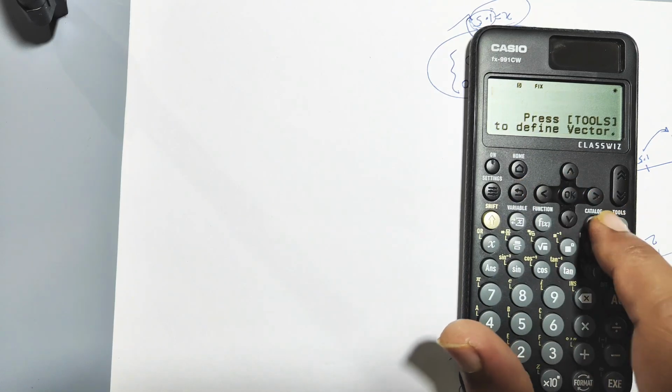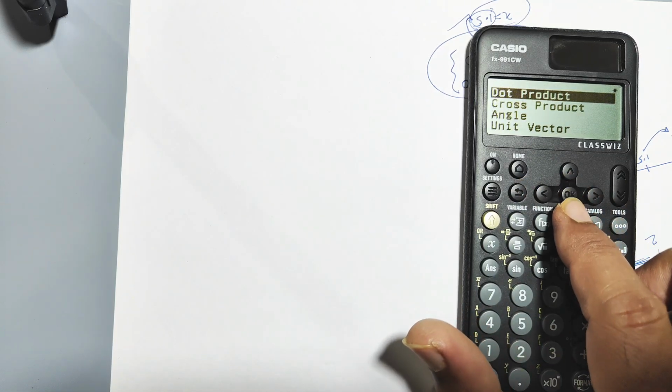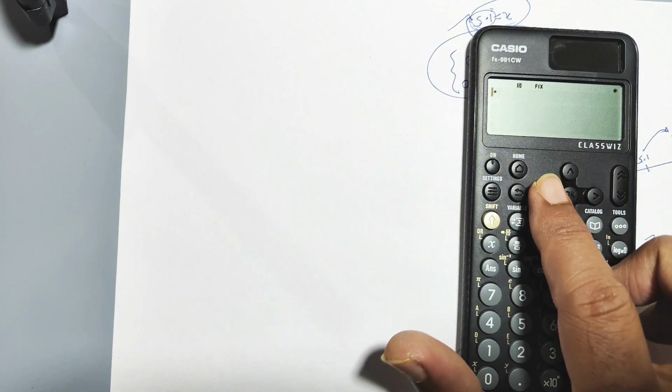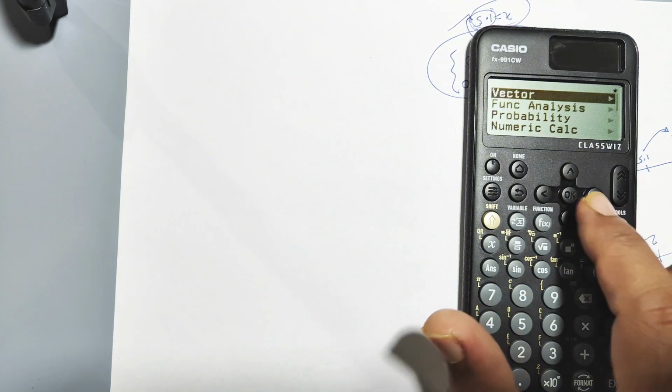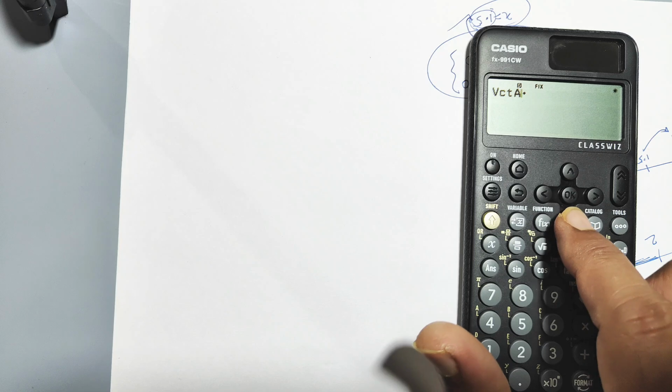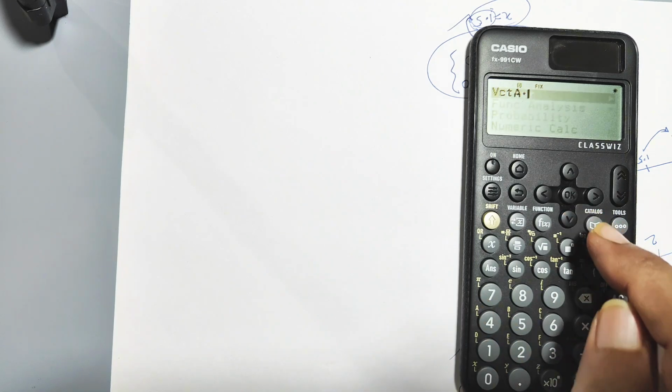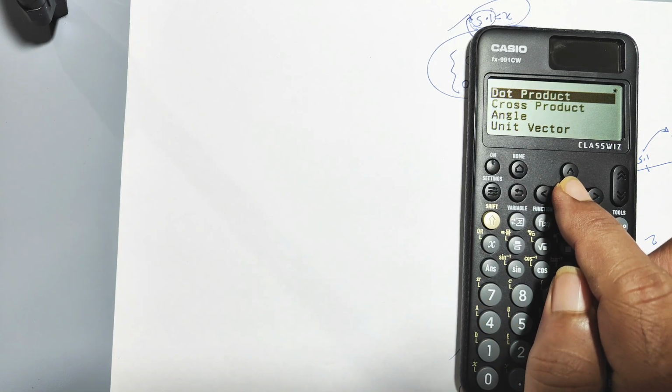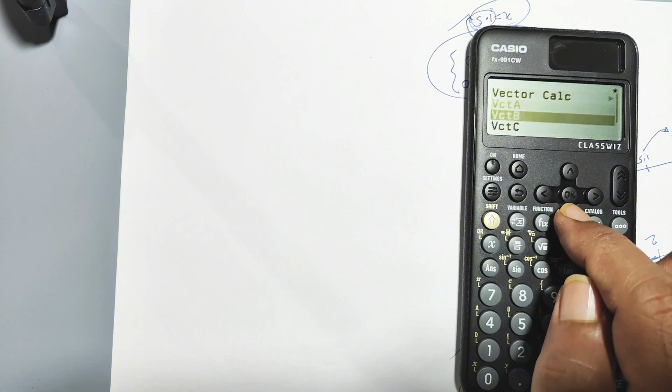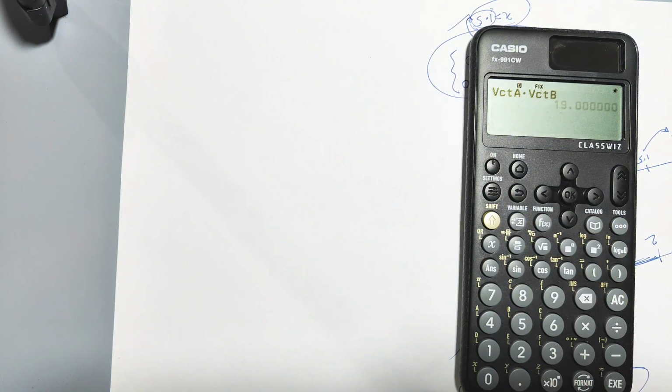Directly you can go to catalog, vector operations, vector calculations, dot product. So come to the left and press CalC, catalog, vector operations, vector A. And go to the right, catalog again, vector calculations, vector B. You select vector B. Now it is dot product, execute.